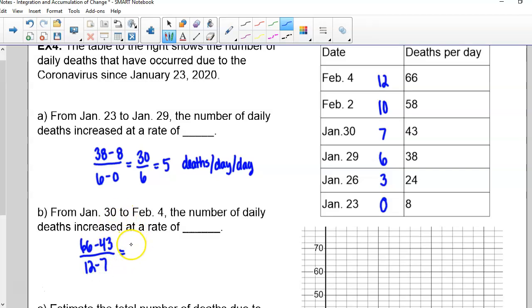And that will give us 23 over 5, which is going to be 4.6, and that is also deaths per day. That is fine. Yes, deaths per day squared is fine.